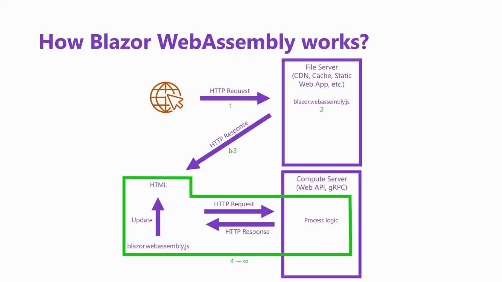And once the browser receives the files, the blazor.webassembly.js here will update the HTML with the DOM, and also manage to send requests to the API server, and also receive the response, and just like that they keep going on and on and on.